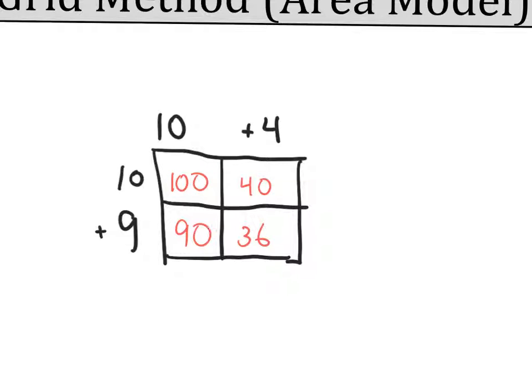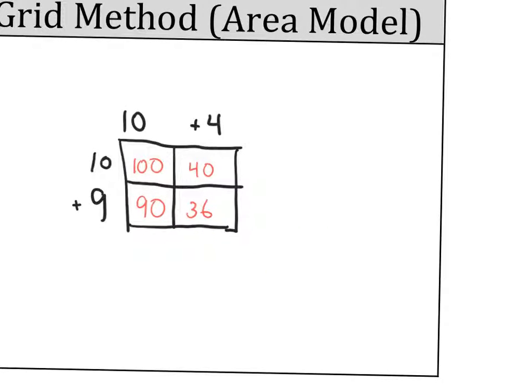Since all of these are like terms, we add them together. So combine like terms. That means 100 plus the 90 plus the 40 plus the 36.